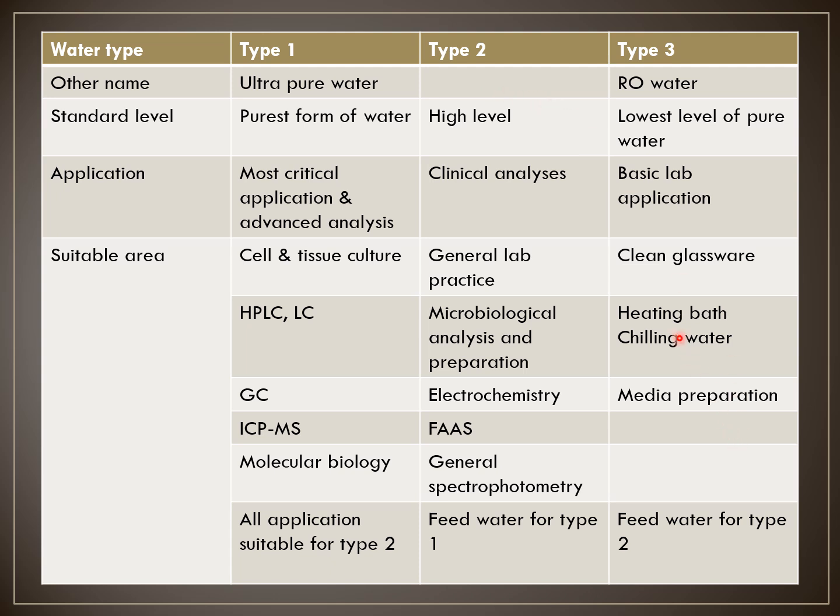If you only want to rinse clean glassware or prepare medium for the lab, type 3 is more than enough. Unless you have very high standard analytical requirements, then you choose type 1, like ICP-MS, like HPLC, like tissue culture.